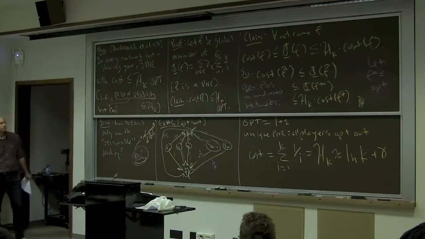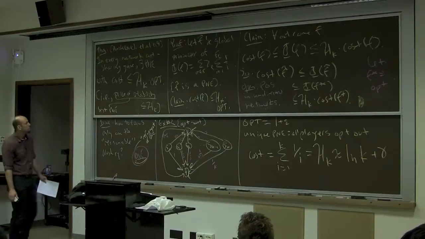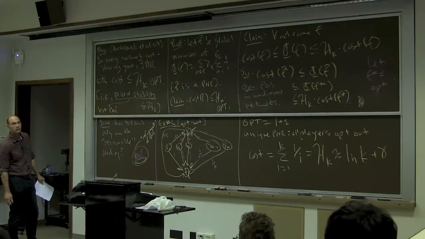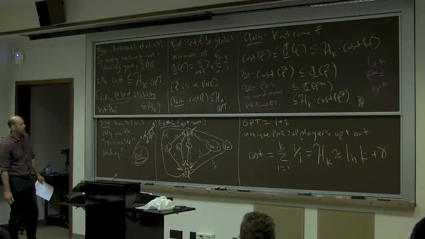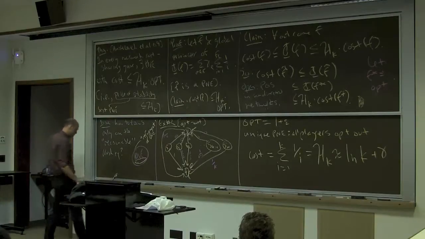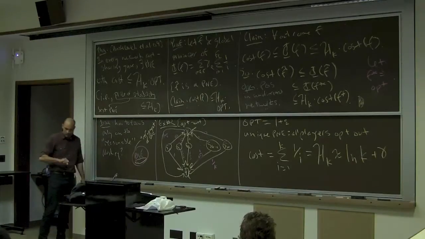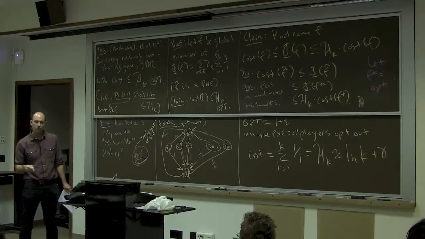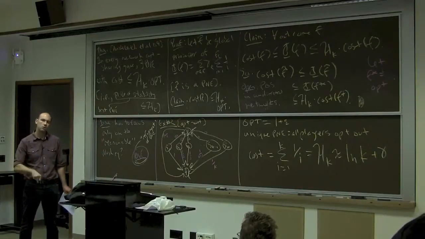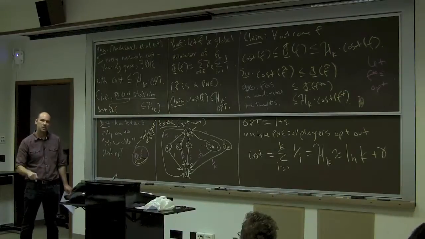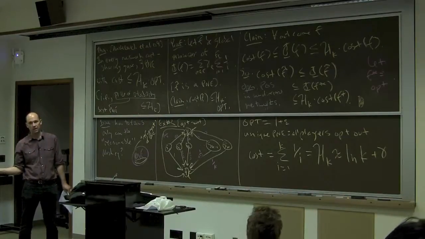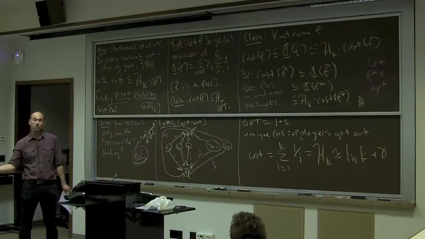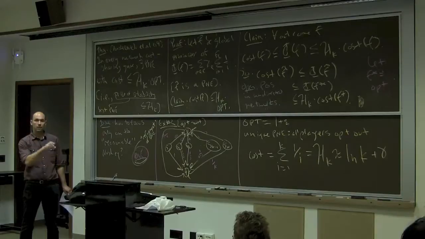Given a potential function, if we could characterize its local minima, would we get the price of anarchy? That's right. When I talked about the potential function, I used one direction of an equivalence between potential function minimizers and Nash equilibria. If something is a global minimizer of the potential function, then it has to be a Nash equilibrium. The converse is false, because there are Nash equilibria which are not global minimizers of phi.